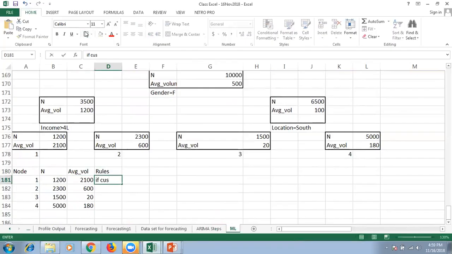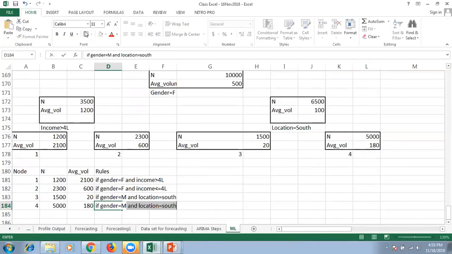If the customer's gender is female and income is greater than 4 lakhs, and gender is female and income is less than or equal to 4 lakhs, and gender equal to male and location equal to south, and gender equal to male and location other than south.